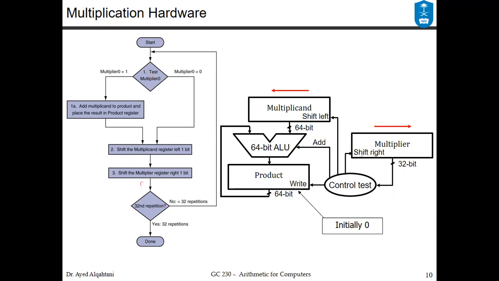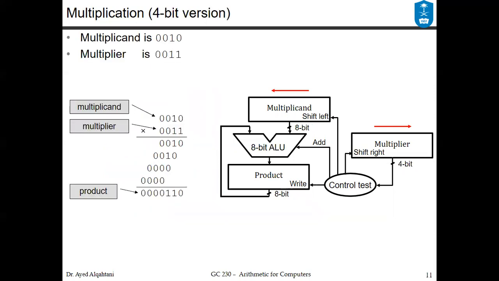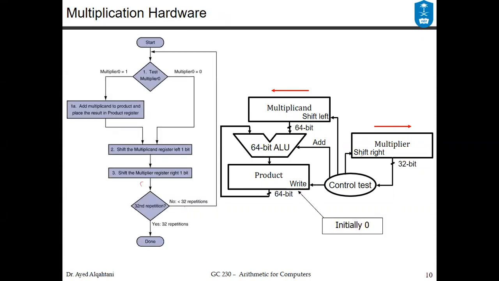And to see this hardware running, here's an example. This is the multiplication if we assume a 4-bit version. Now, let's go back for a while. We know that we use a 64-bit ALU, which means that I need the multiplicand to be 64 bits. I need also the product register to be 64 bits. So the second operand, because I'm doing a running sum here, should also be 64 bits.